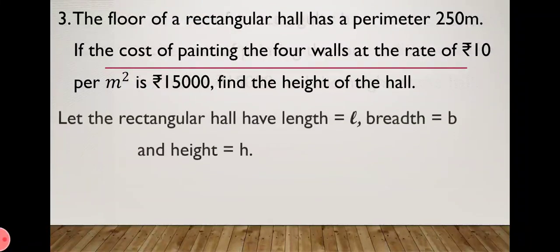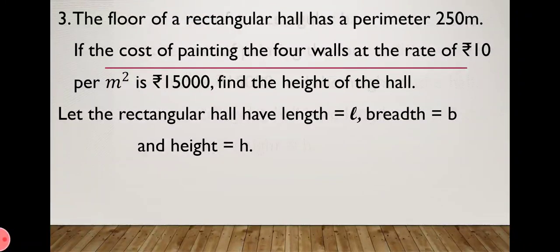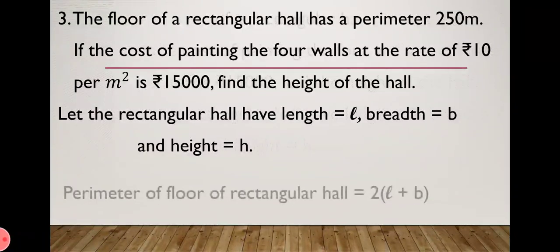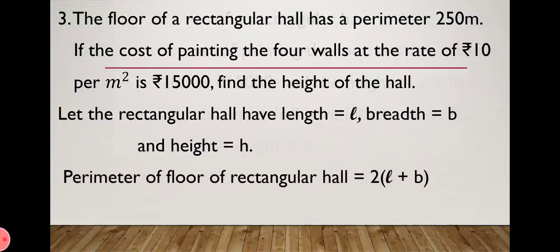Now first, because we don't know the measures of length, breadth and height, we suppose that the rectangular hall has length L, breadth B and height H. Perimeter of the floor of the rectangular hall, we know that perimeter of rectangle has the formula twice (L plus B).